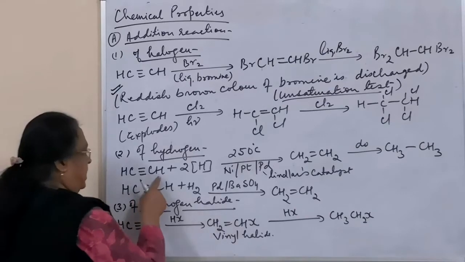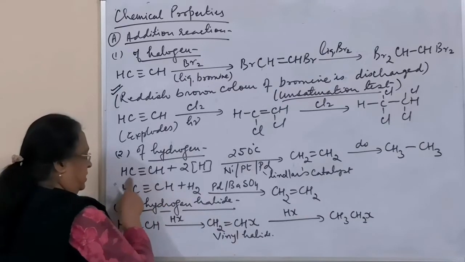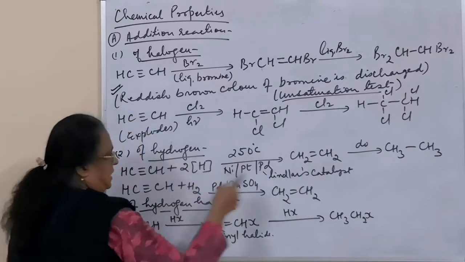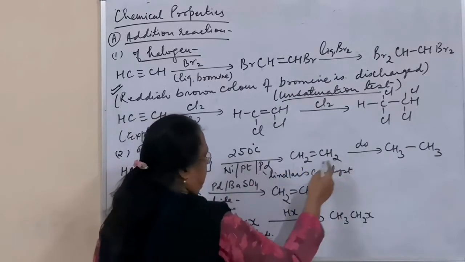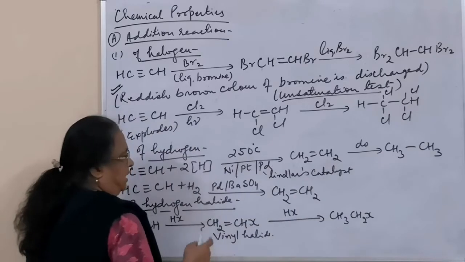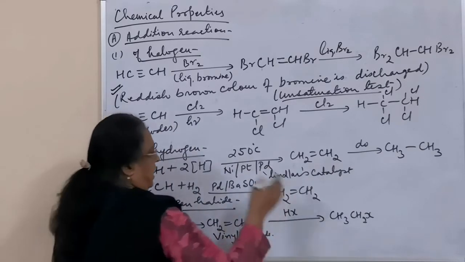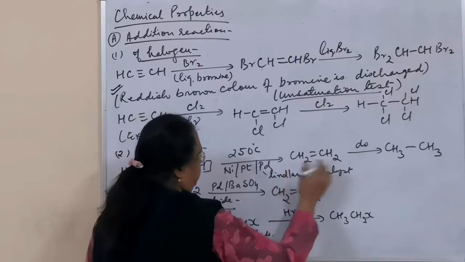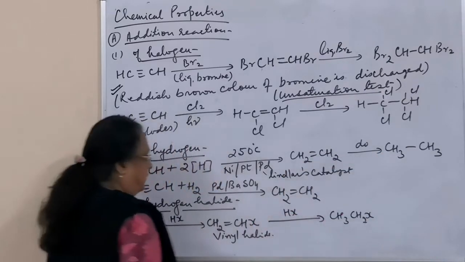Then one hydrogen will be added here, one here, so the triple bond will be turned into a double bond. Once more the same thing is repeated. Again two nascent hydrogen under the same condition will be added further, and ethene will be turned into ethane.